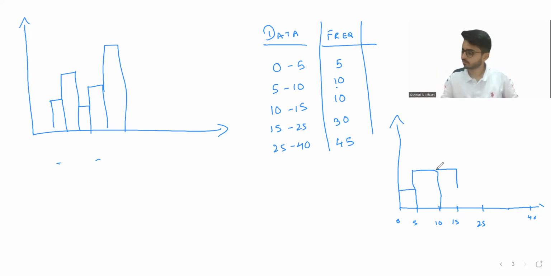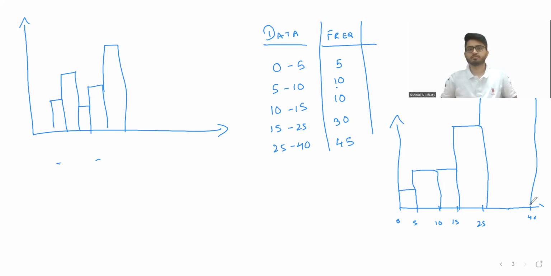Let's say this is 30, and this is 45. So this is not the best way to represent it. Let me modify one of the data points to make my point clearer.